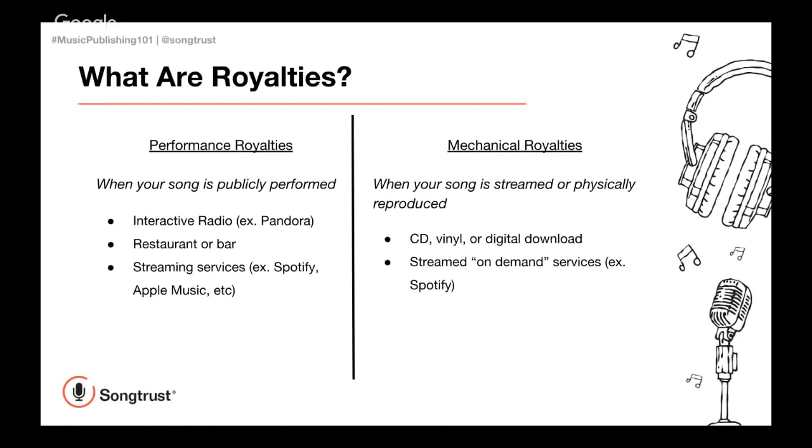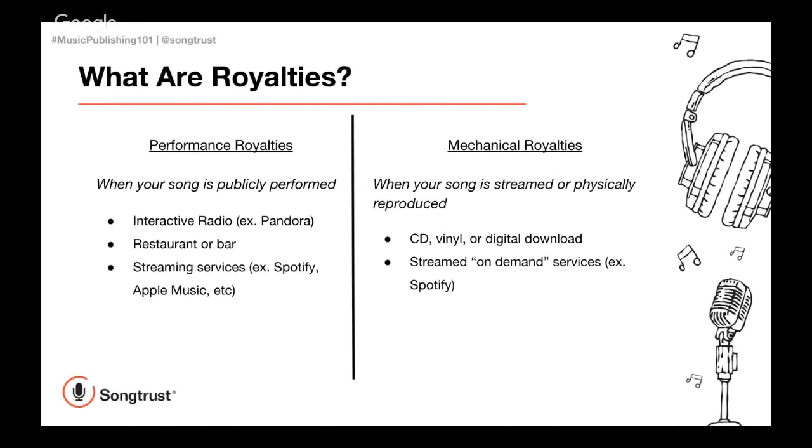And then going back to why your PRO is not enough, why you need a publisher: a performing rights organization does not collect mechanical royalties. I mentioned before that there are some organizations, actually most outside of the US, that have the performance and mechanical society all together in one organization, so they are licensing for both rights.